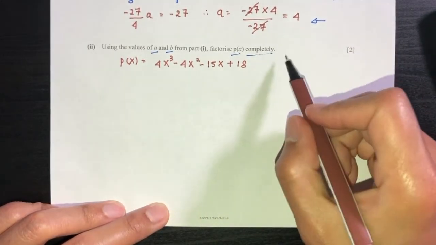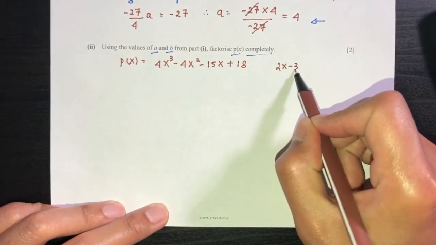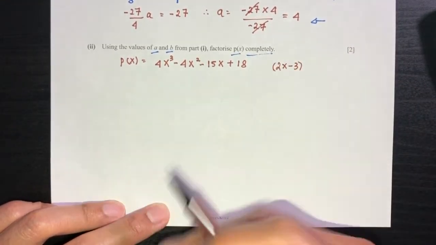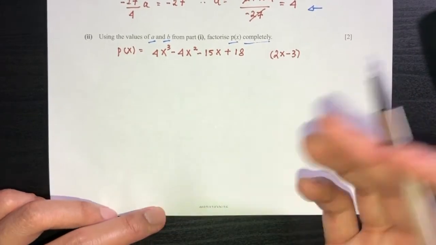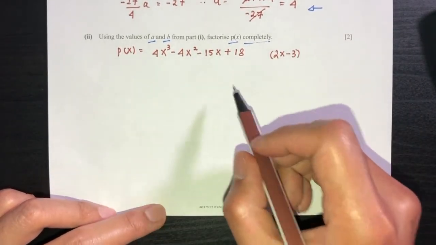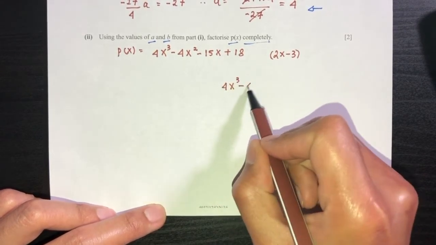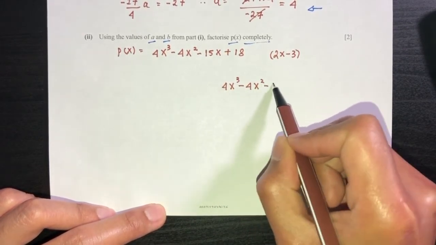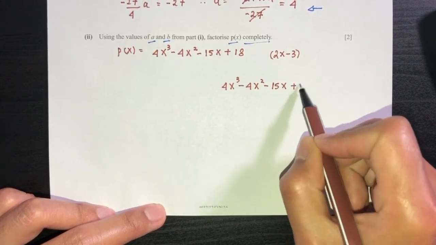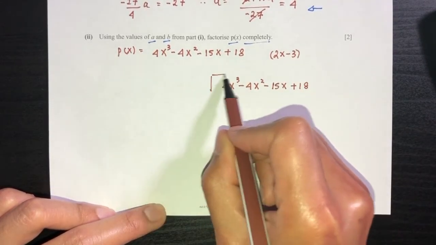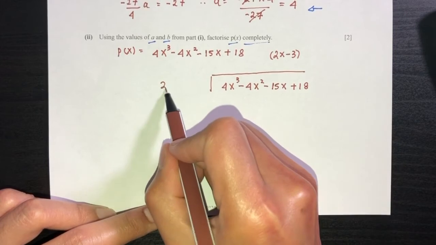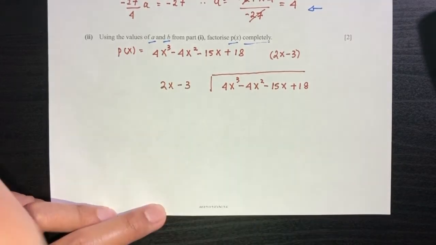So we know that this is a factor, so we can divide by this, find the remainder, find the quotient of this function. So we have 4x cubed minus 4x squared minus 15x plus 18. Now we have to do long division by 2x minus 3.